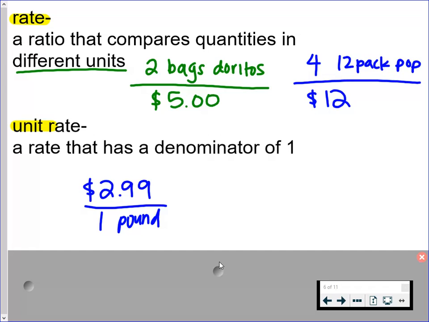Apples are $2.99 per pound. How many pounds? 1. You might see it at the gas station. I think yesterday I paid $2.14 for 1 gallon. Unit rate, per 1.